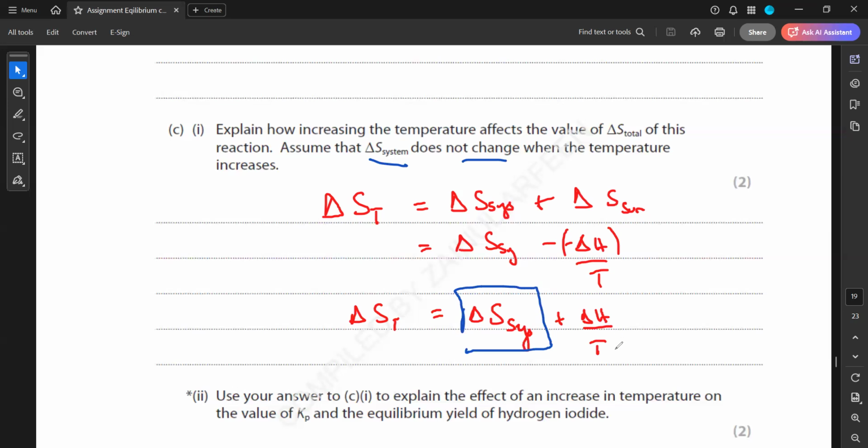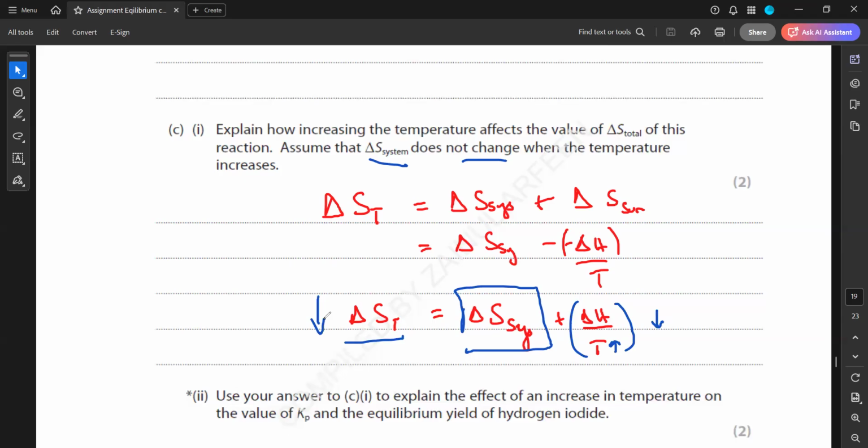Now, what happens if I'm increasing the temperature? When I increase the temperature, what happens to this value? Because the denominator is increasing, this value will decrease. So this remains constant and this value is decreasing, so the total entropy will decrease. How to write it?